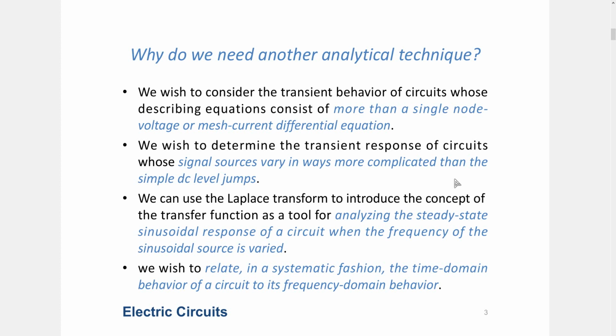But for any kind of signal, we would like to know what happens. Most signals that we have worked with were simply DC level jumps, like the step function, which mimic the behavior of a switching on or switching off event. But in more complicated situations, it becomes very hard to solve the circuit equations in time domain.